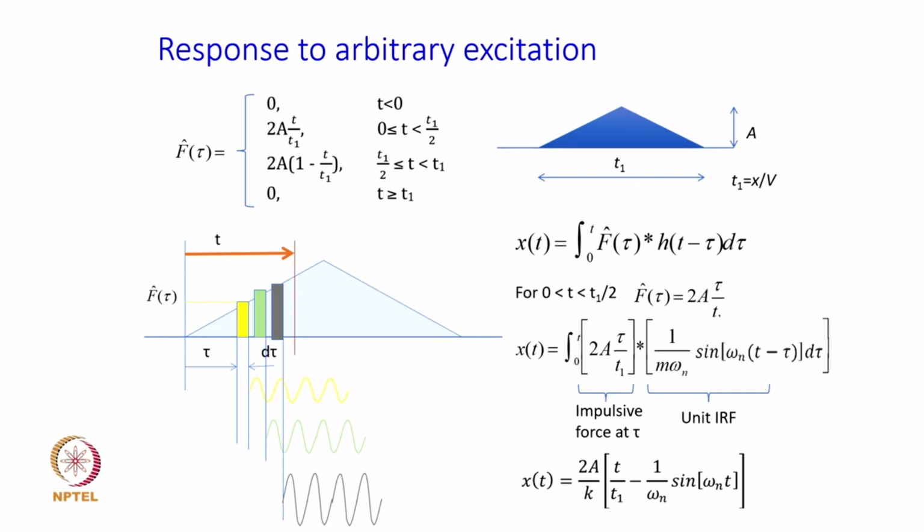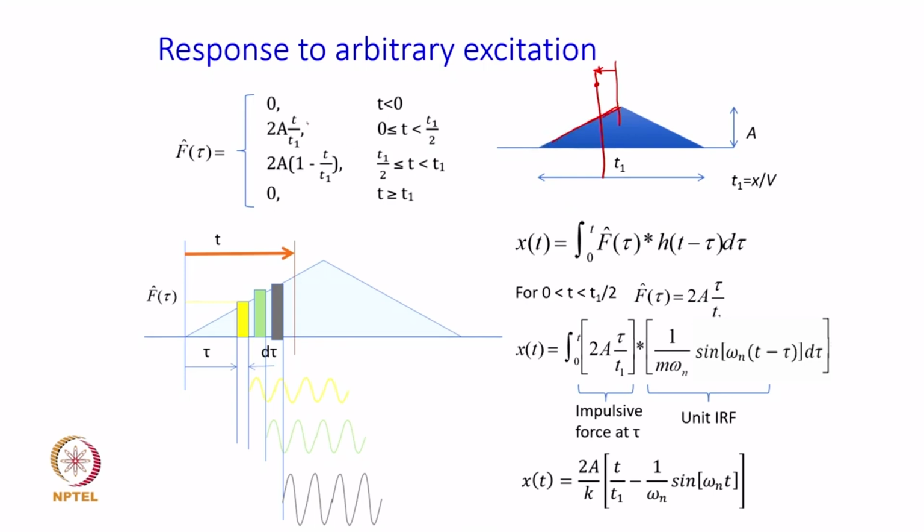All right. So, this is valid for the response obtained at any time before t1 by 2. Why? Because the expression for F cap tau is obtained based on this linear variation in the force.